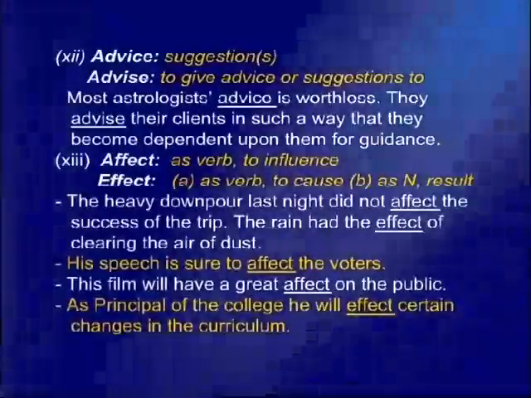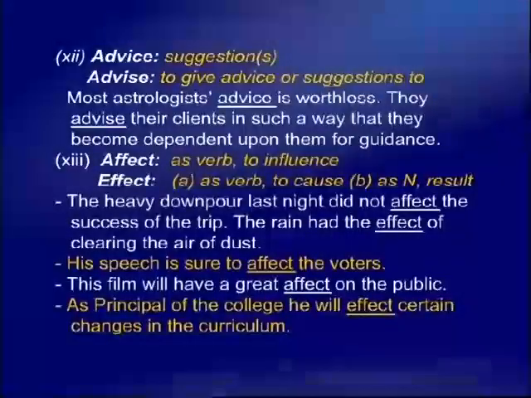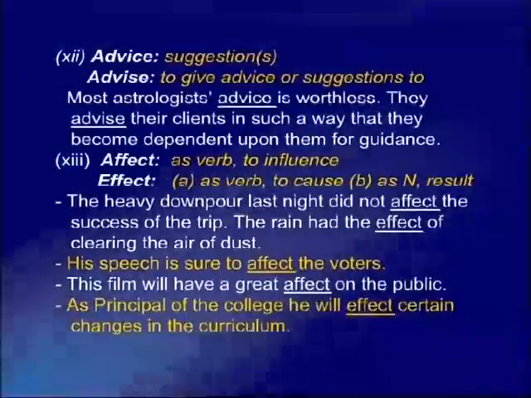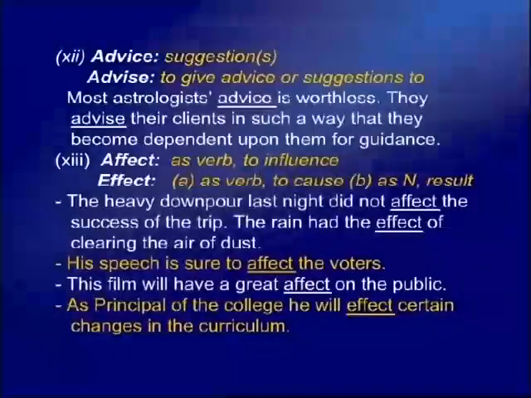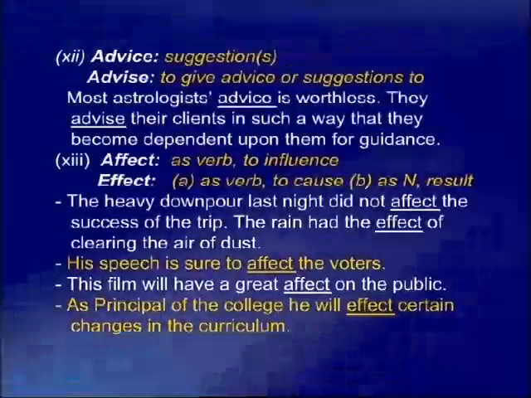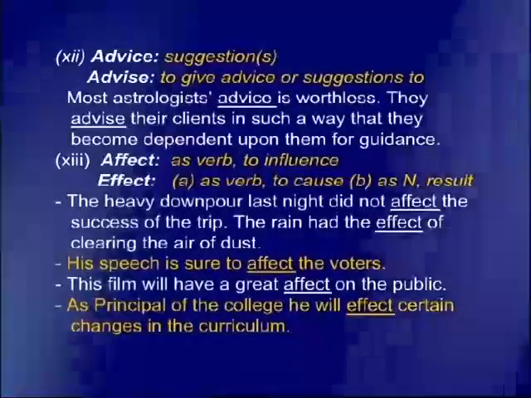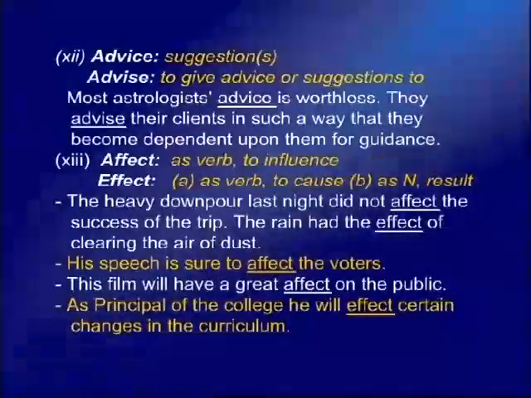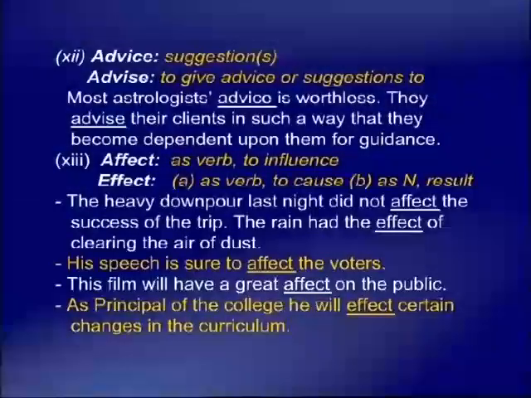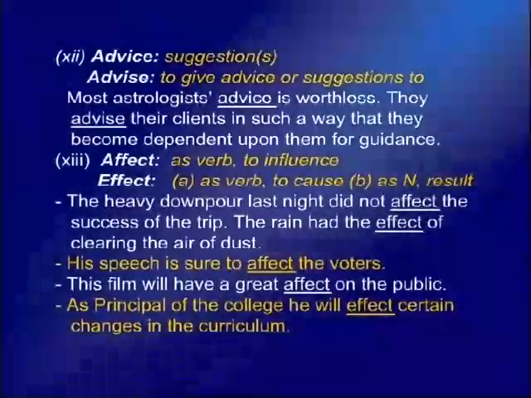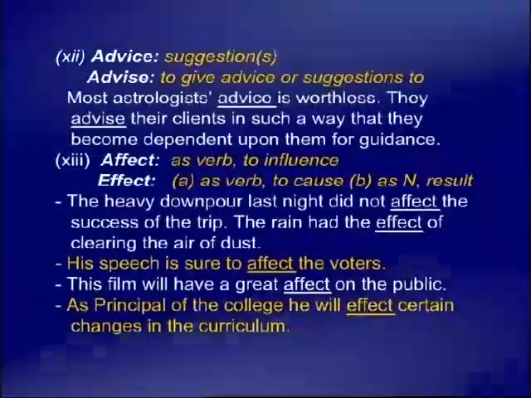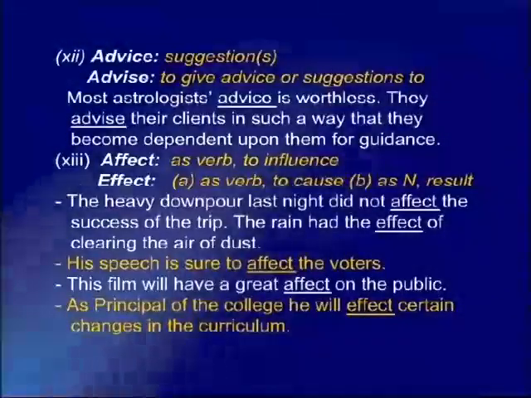The next pair is affect and effect. Affect with an A means to influence. It is used as a verb, affect, to influence. The other one is with an E, effect, again used as a verb, and it means to cause something.